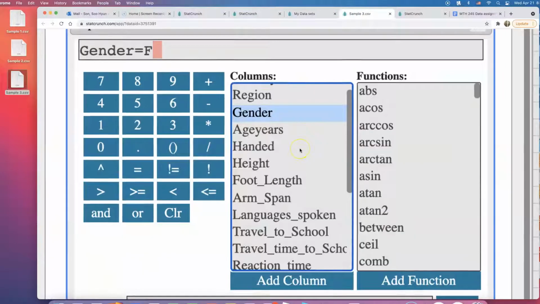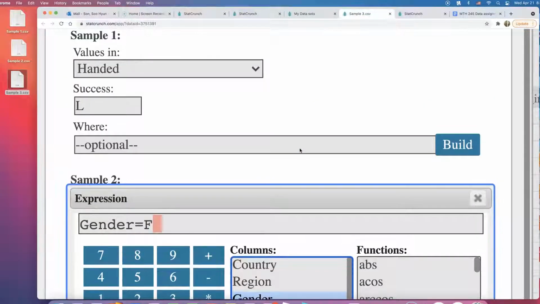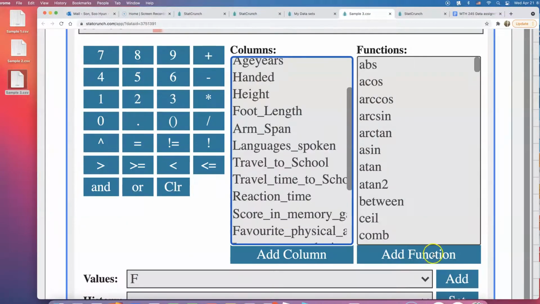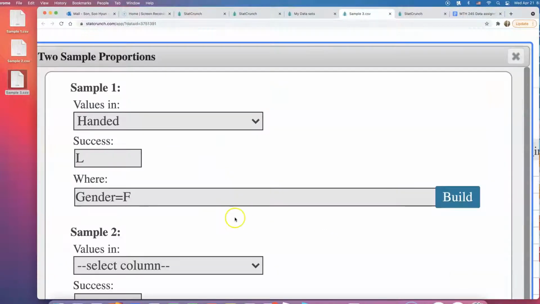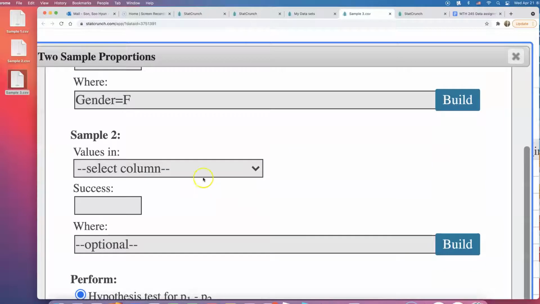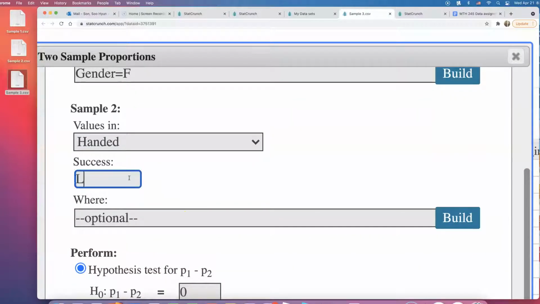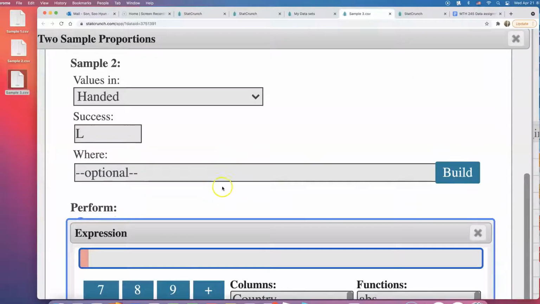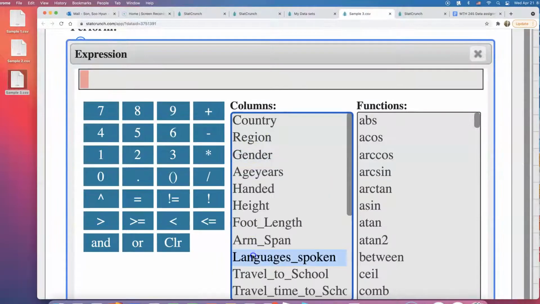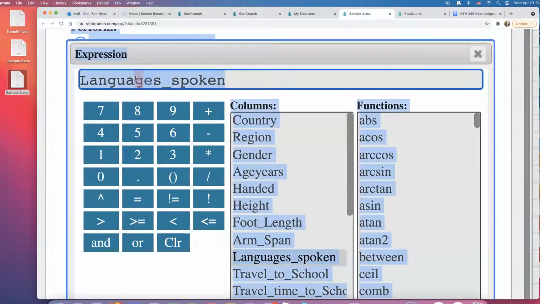Okay, let me show you what I got so far. Click OK. And for sample 2, I'm going to click on handed. Success is again L. Build is to be where gender is equal to, no, not language spoken.